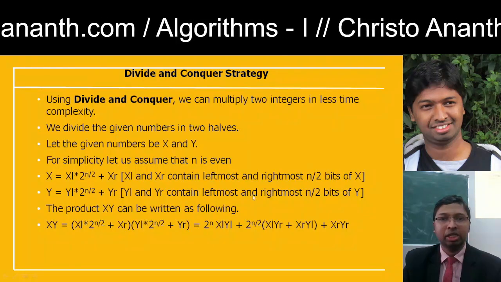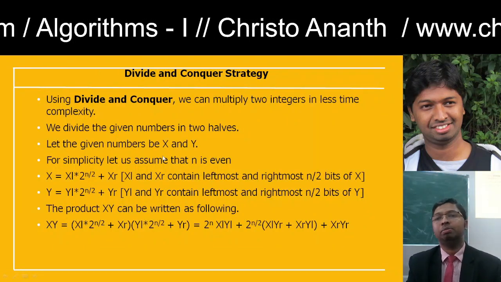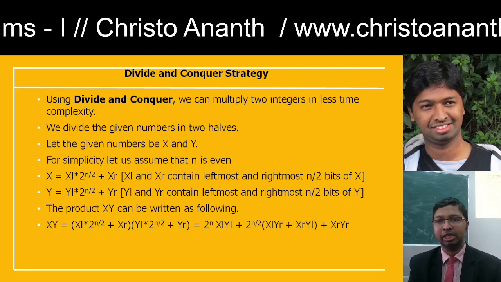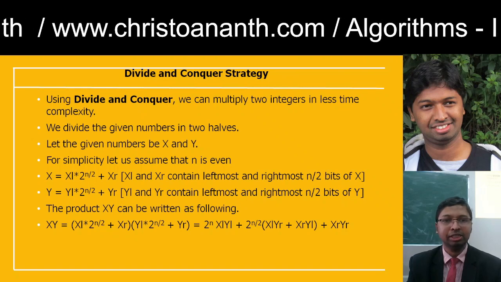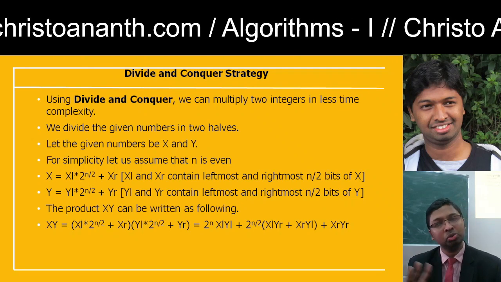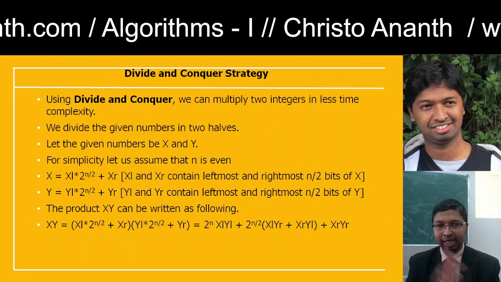Using the divide and conquer approach, we can multiply two integers in less time, with lower time complexity. Let us divide the given numbers into two halves. Let the given numbers be x and y.